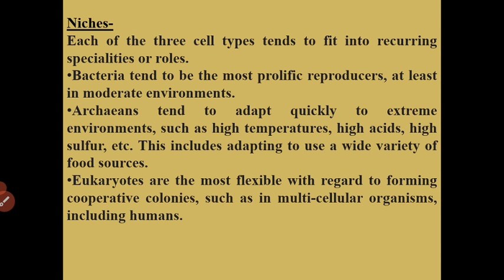They tend to adapt quickly to extreme environments such as high temperature, high acid, high sulfur, etc. Now this includes adapting to use a wide variety of food sources also. Next is eukaryotes. They are the most flexible with regard to forming cooperative colonies such as in multicellular organisms, including humans. Okay. I hope the 3 domain classification system is clear to all.